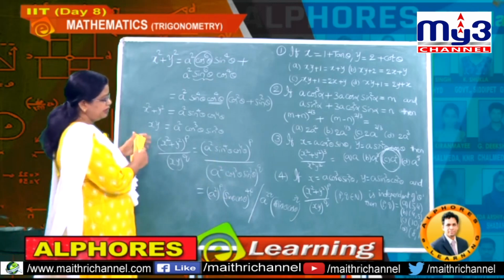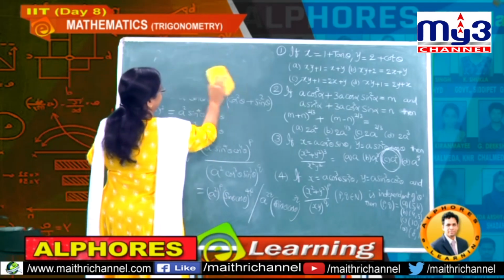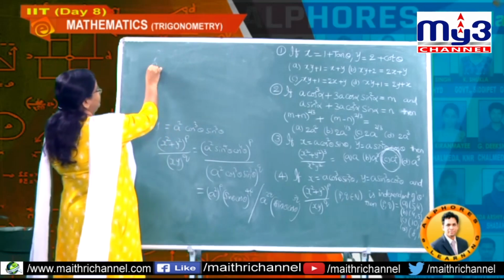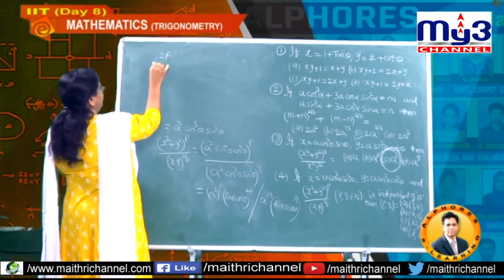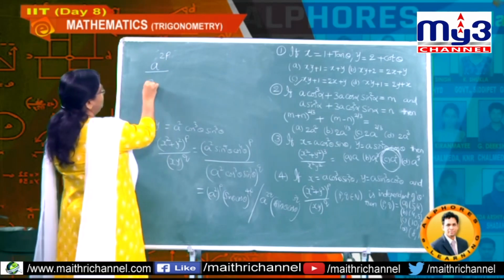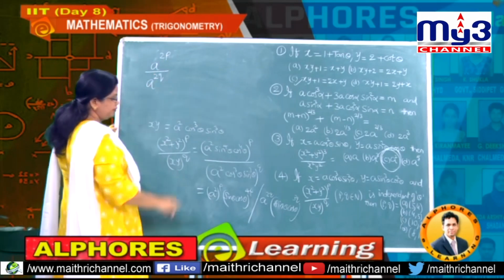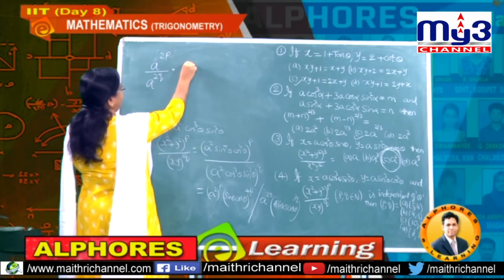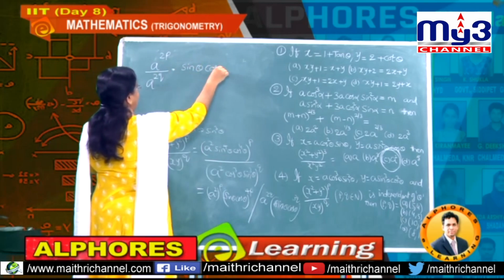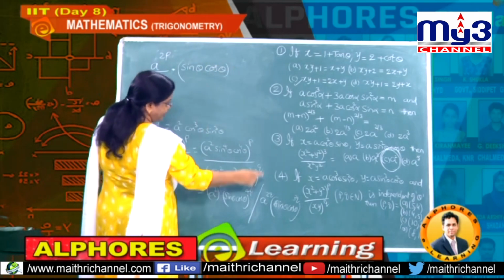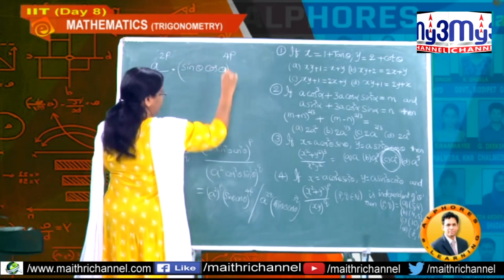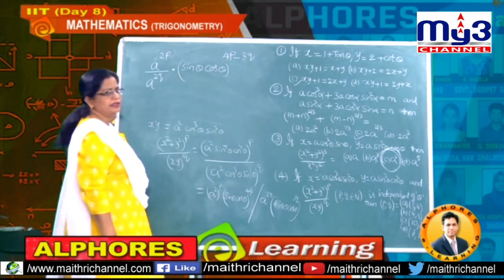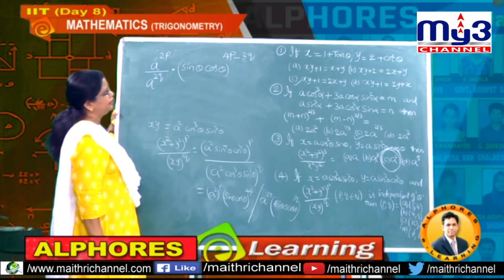And you know clearly a power m divided by a power n equals a power m minus n. So a to the power of 2p divided by a to the power of 2q, no problem to us for this value, and the other one is sin theta cos theta whole to the power of numerator 4p and in the denominator minus 3q. Okay students, that implies what will happen here?